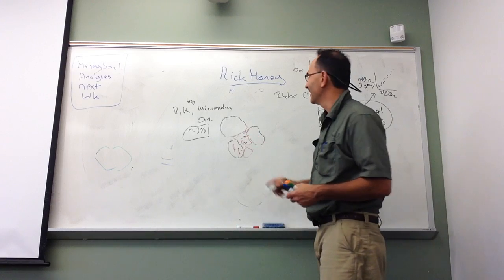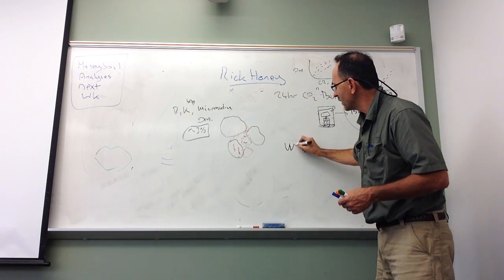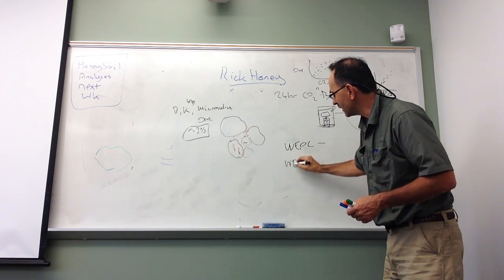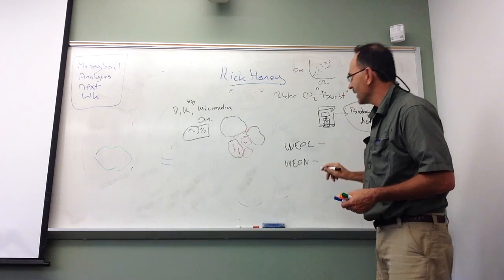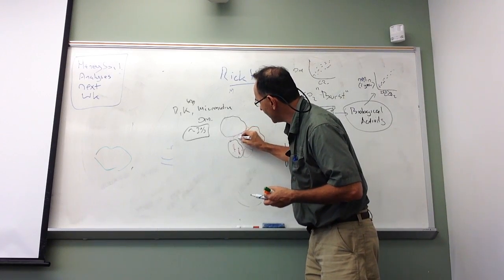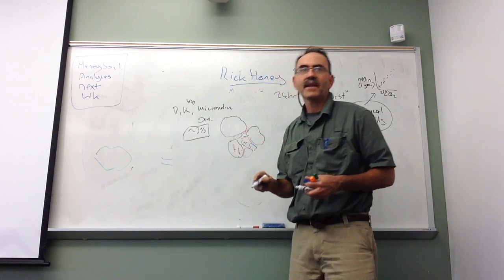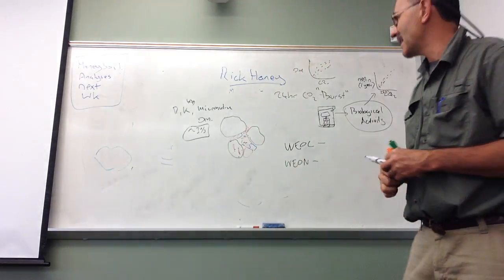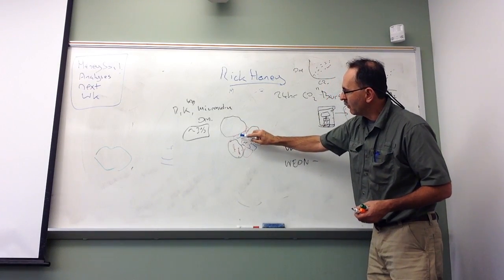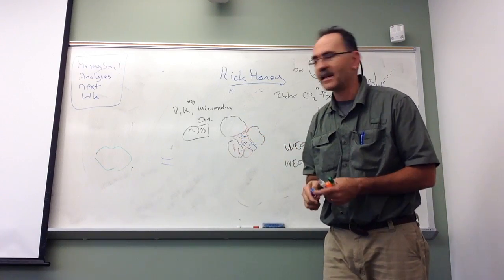Haney also looks at something called water extractable organic carbon and water extractable organic nitrogen. This is basically in the pore space, where 40 to 60% of the pore space is full of water. He's found a way to extract from the soil the water extractable carbon and nitrogen.